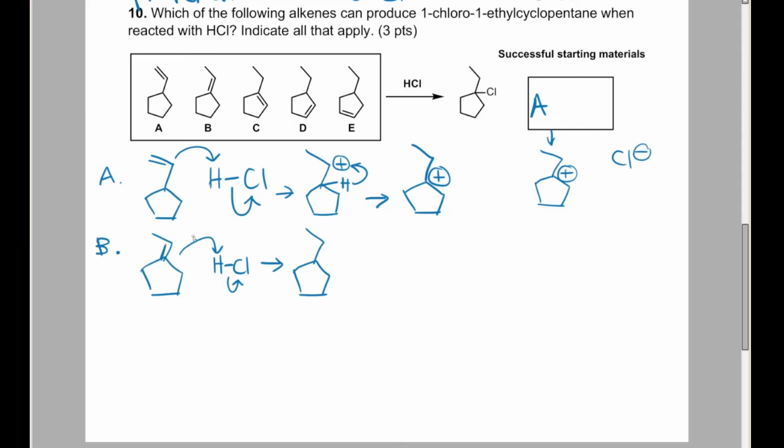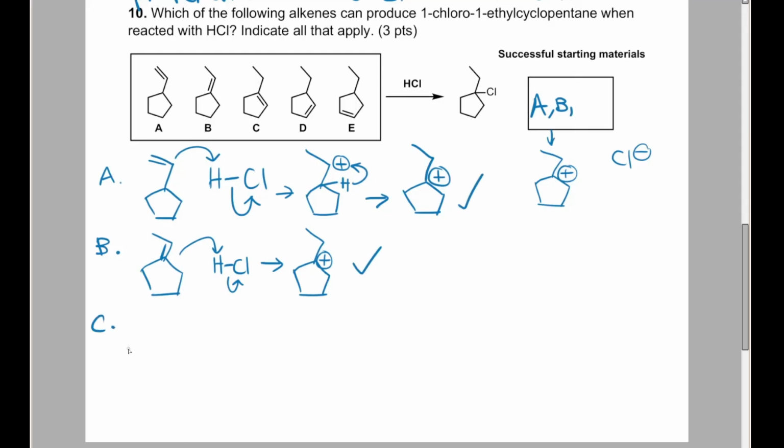Since this double bond is between this carbon, which is secondary, and this one, which is tertiary, it's going to form at the tertiary carbon because it's more stable. And this again matches up with what we want, so B will also be a successful starting material.